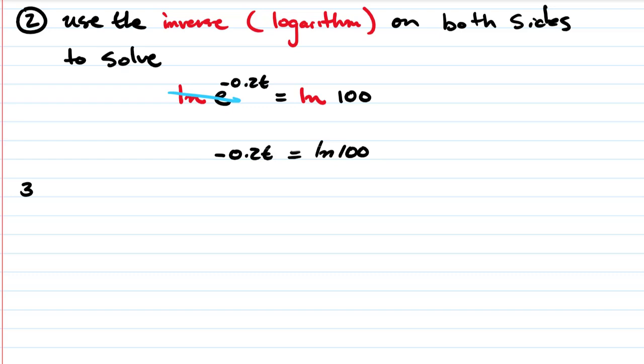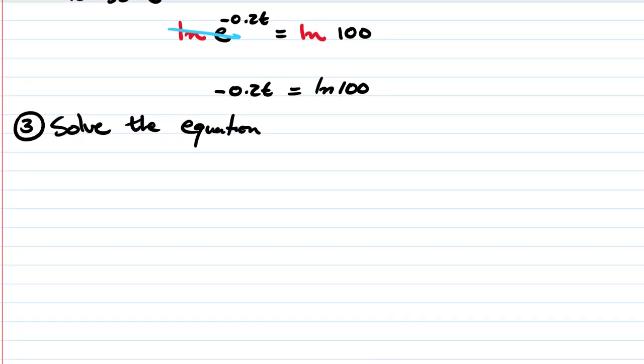And then step 3 is we're going to solve the equation. So now, in this case, this reduced to a linear equation. So to resolve a linear equation, we just get t by itself.